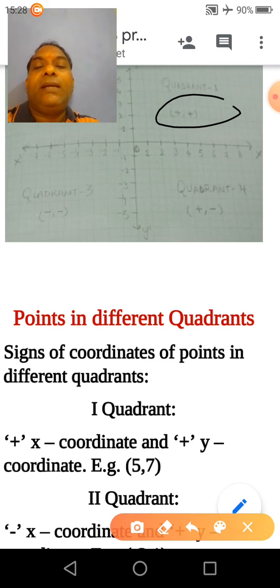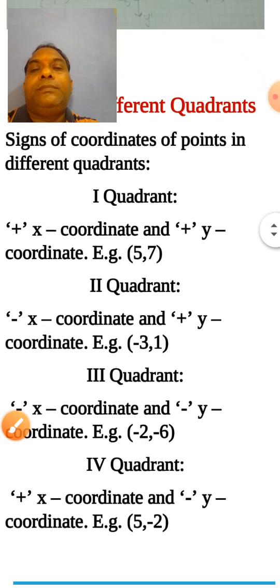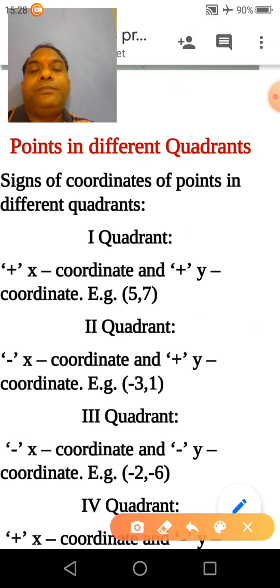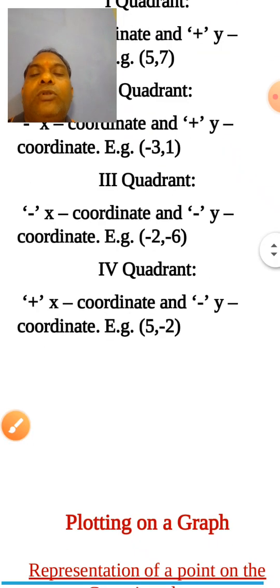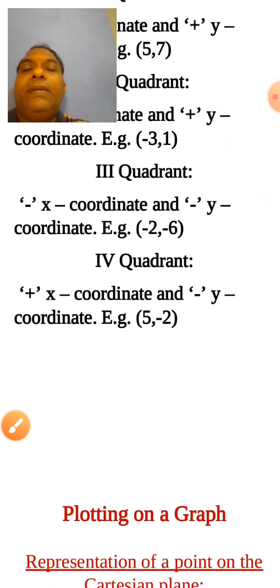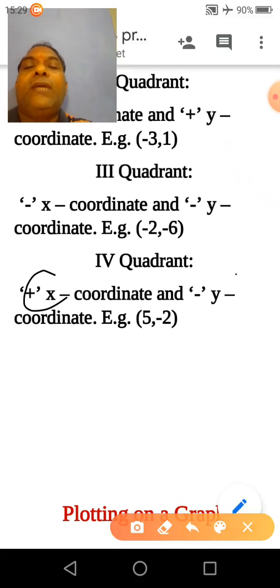In second quadrant, x coordinate will be negative and y coordinate will be positive. In third quadrant, x coordinate negative and y coordinate will also be negative. And in fourth quadrant, x coordinate will be positive and y coordinate will be negative.